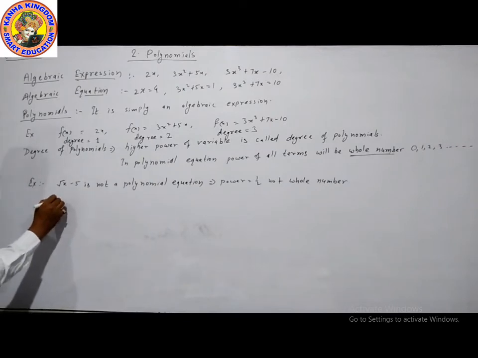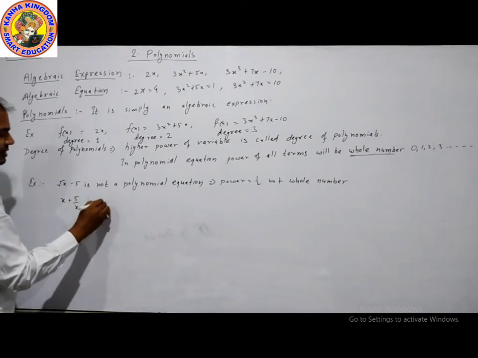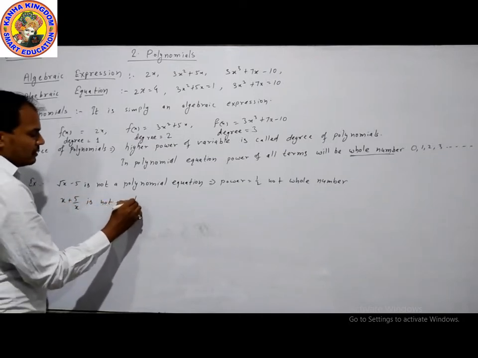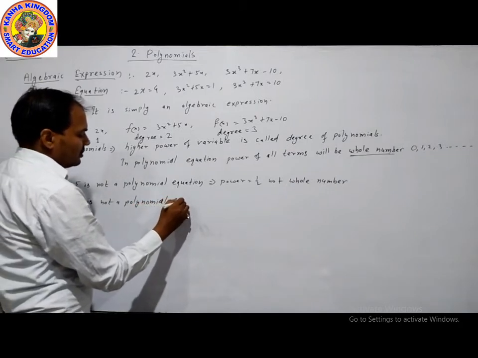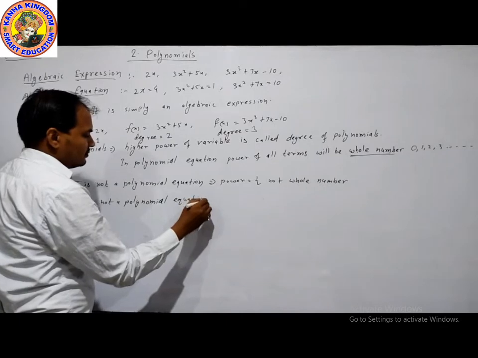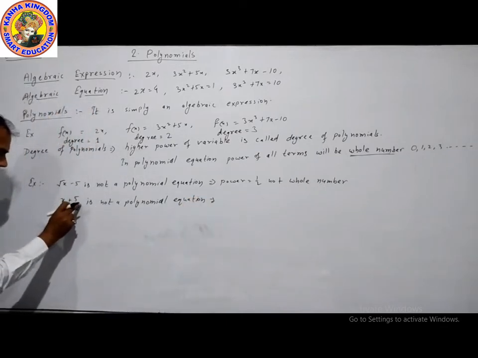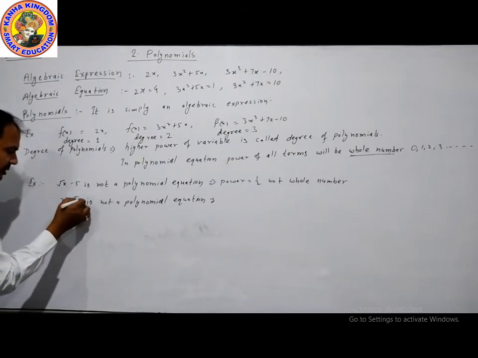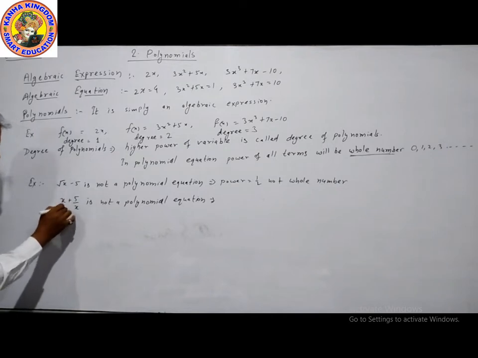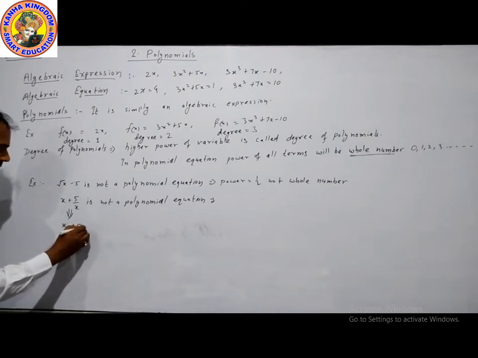If we write x plus 5 upon x, this is not a polynomial equation because here is power 1, here is power 1, and 1 is a whole number. But if we denote the power, this expression can also be written as x plus 5x to the power minus 1.